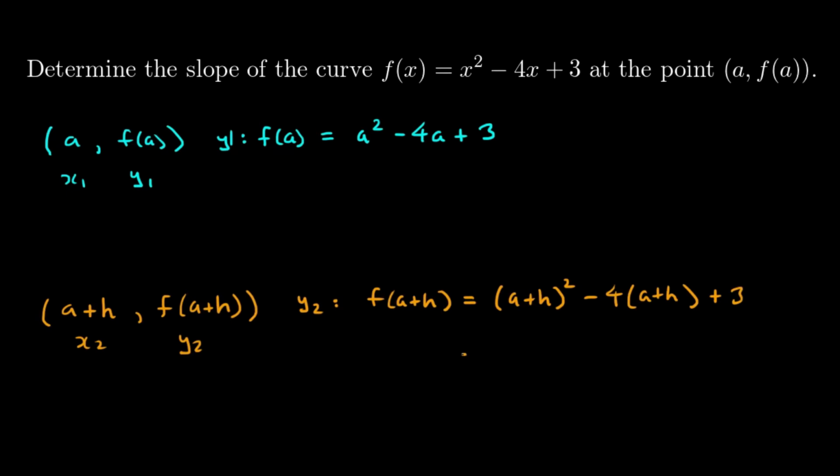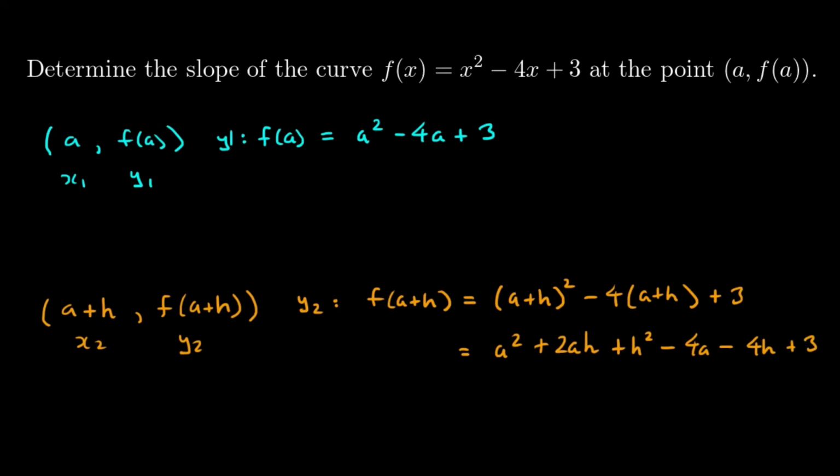So we have to square a binomial. So a squared, we're going to have 2 ah's. I think I'll just alphabetize that, but that makes no difference, obviously. And then we'll have an h squared, and then we'll distribute the minus 4. We'll go minus 4a, minus 4h, and then finally plus 3.